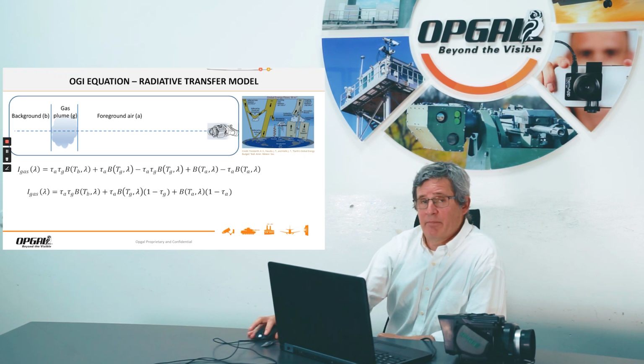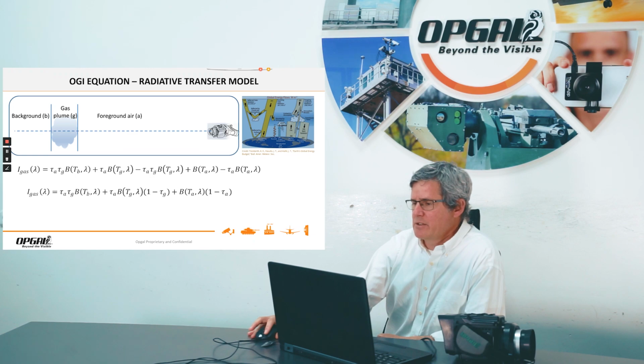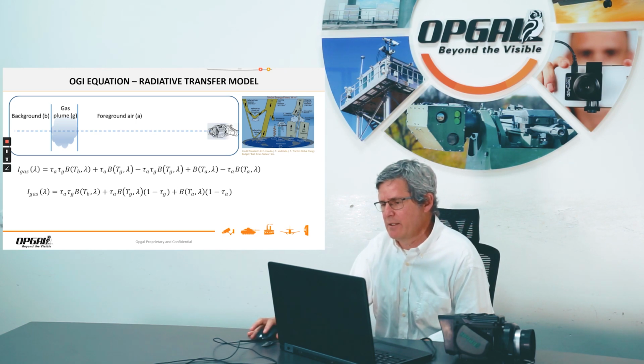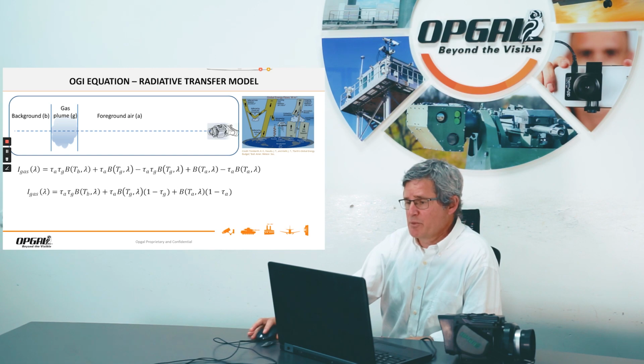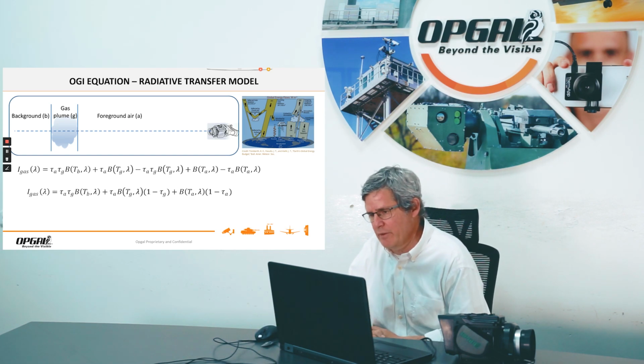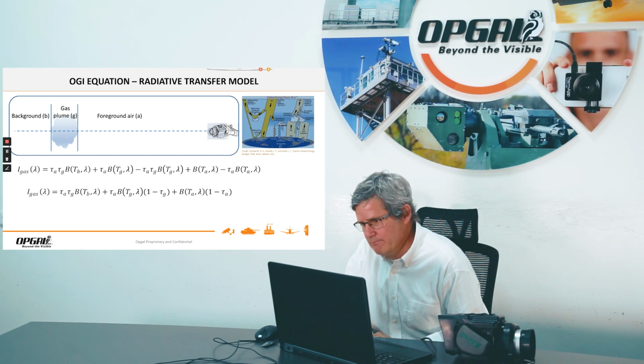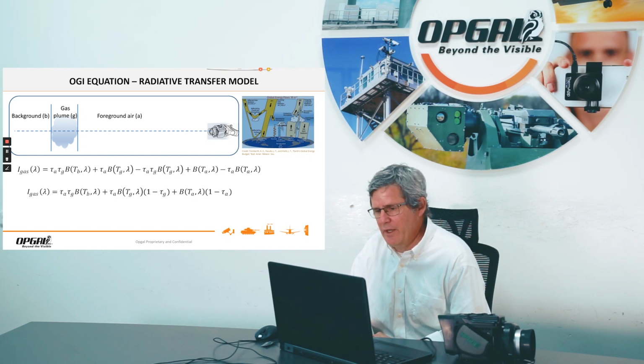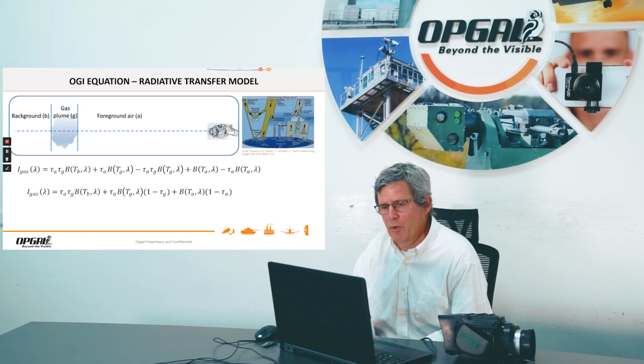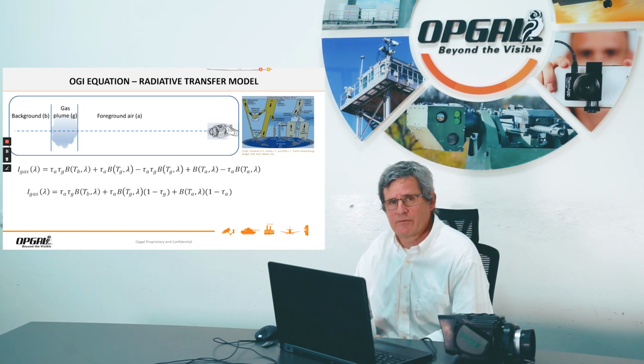The atmosphere is a black body itself, and it emits energy and absorbs energy, and the higher the concentration of greenhouse gases in these layers, the more it absorbs and the less goes back to space, and that's why we have the global warming effect. And all the climate models are actually radiative transfer models.